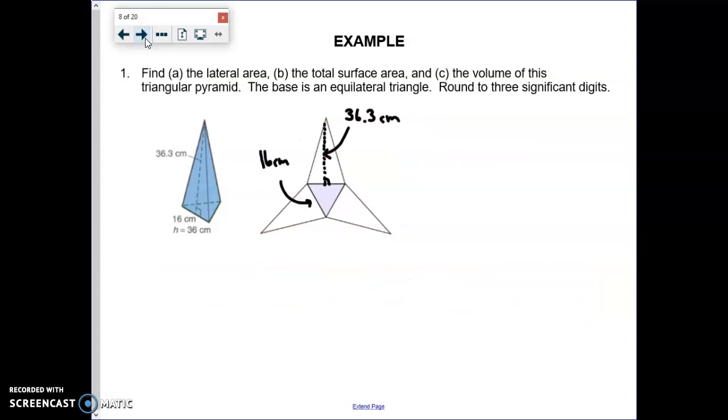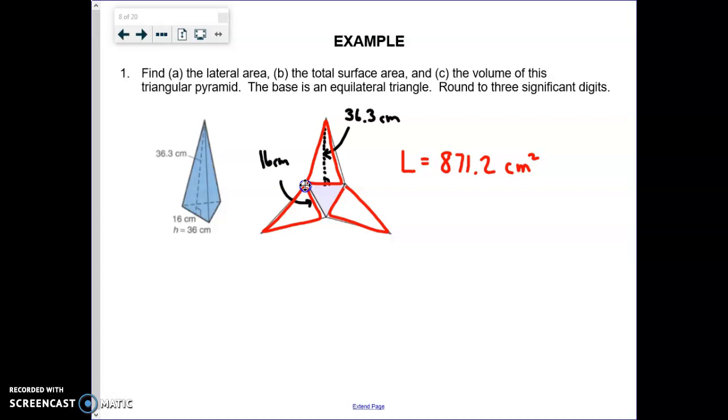So if we want to find total surface area, we not only have to have the area of these three triangles, which we just found. Remember, we just found that the lateral area was equal to 871.2. I'm not going to use the rounded value, because we don't want to use rounded values if we can help it until the final answer. But that was 871.2 square centimeters.